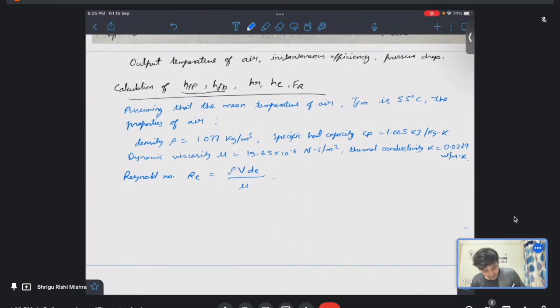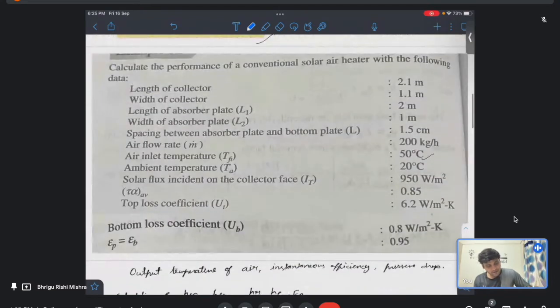The equivalent diameter of the duct dE can be calculated as 4 into the cross section of the duct divided by the wetted perimeter. Here you can see the dimensions of the duct have been given.